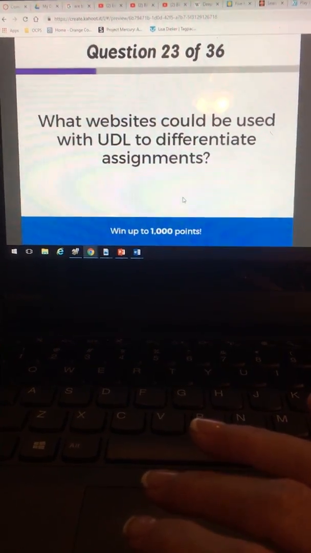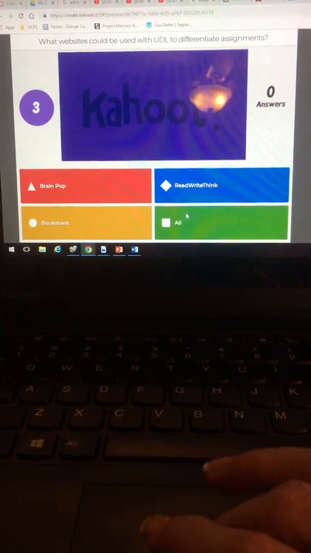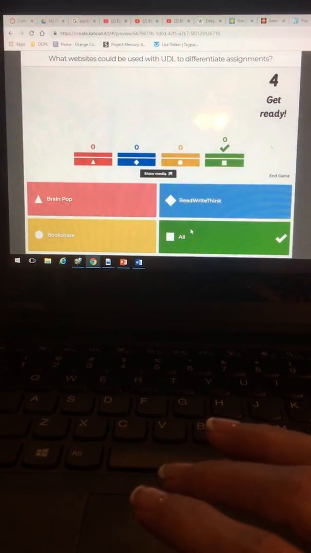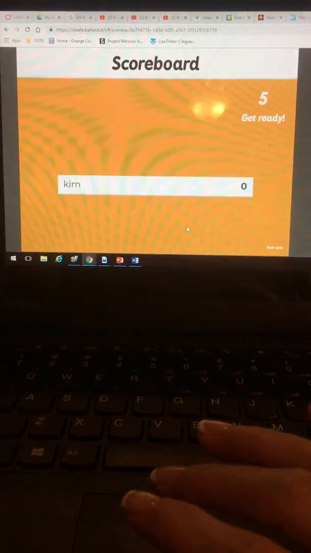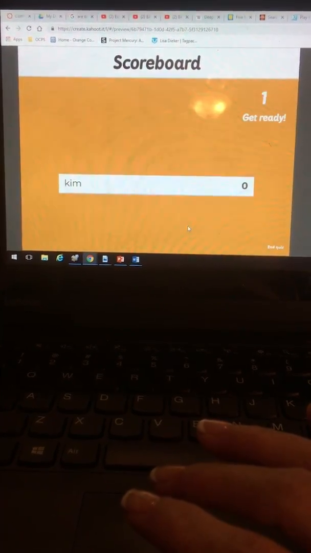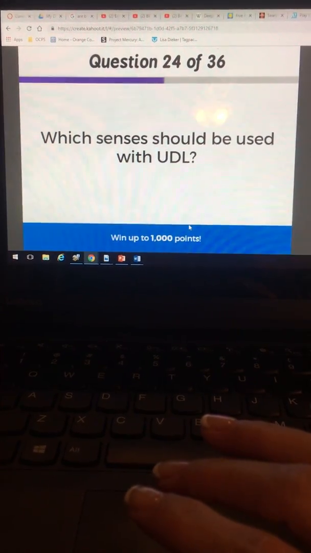What websites could be used with UDL to differentiate assignments? Which senses should be used with UDL?